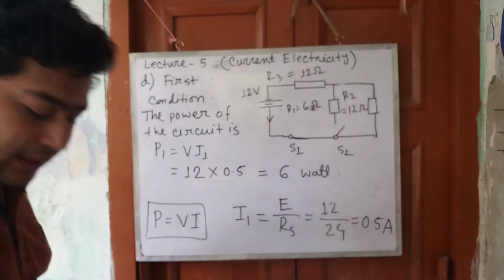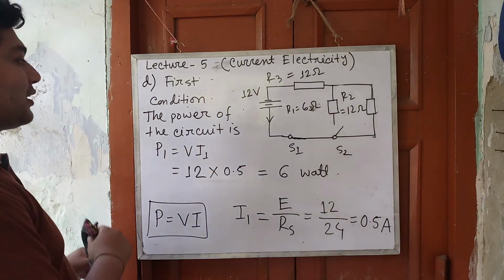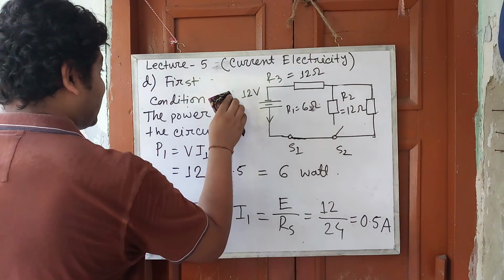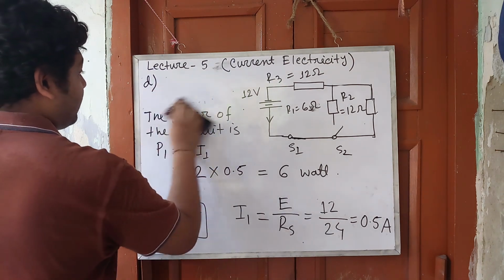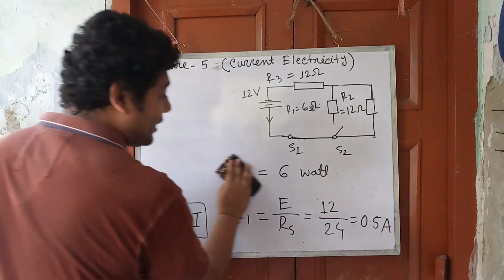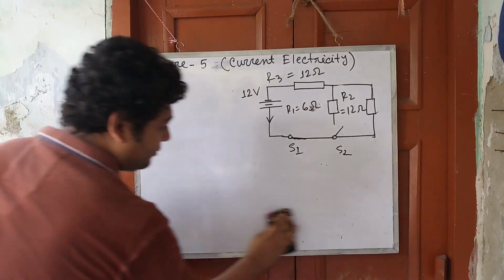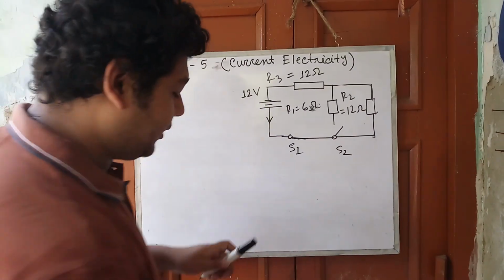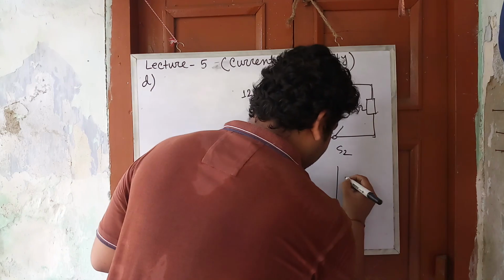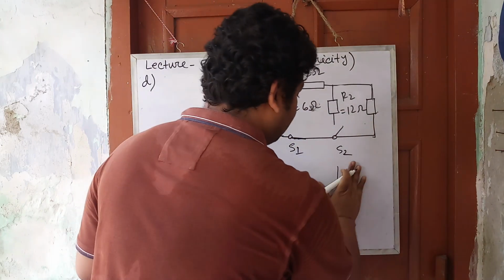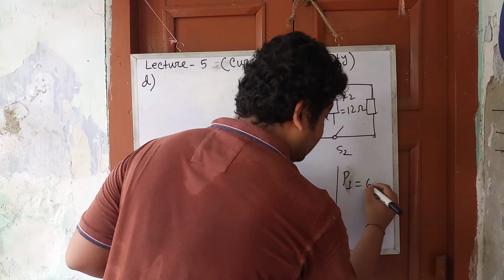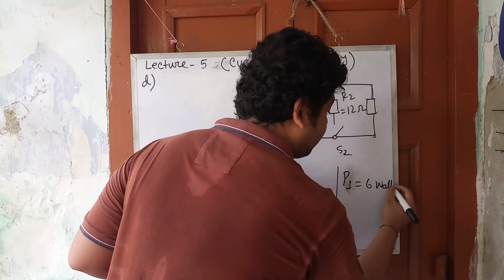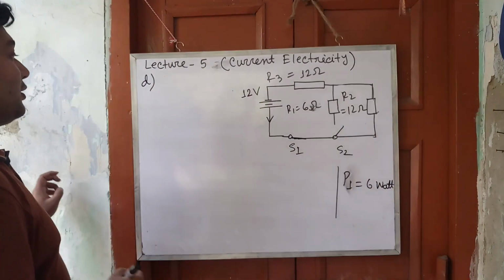Now for our second condition. I'm writing here our first power, P equal to 6 watt, for our future use.